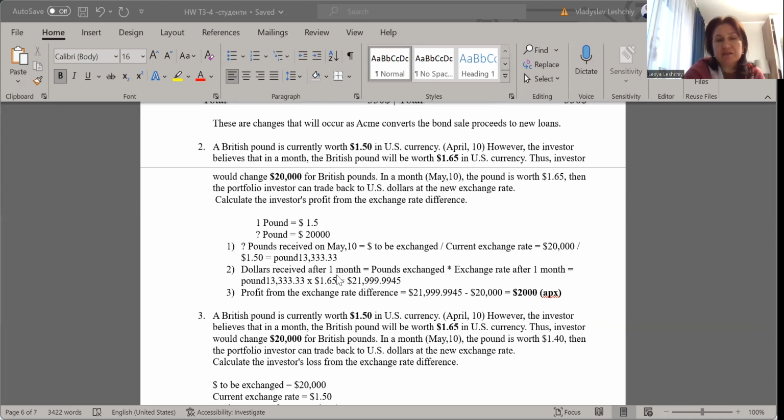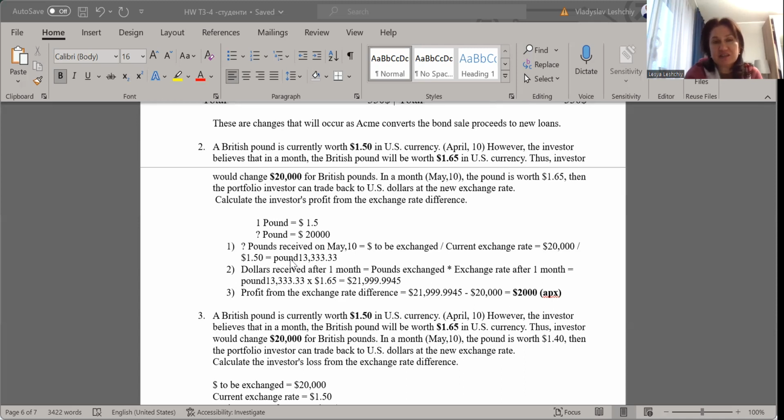And then when the investor sells the amount in pounds and exchanges it to dollars, we make the vice versa transaction, but the numbers are different.